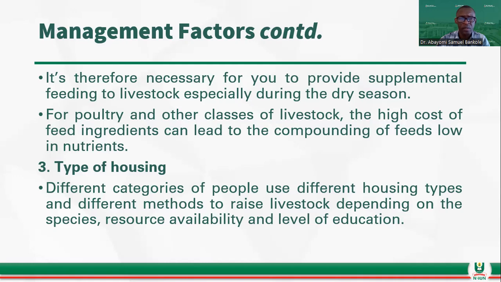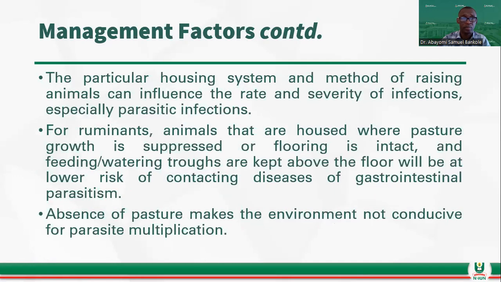Now, different categories of farmers use different housing types and different methods to raise livestock depending on the species or the resources available, as well as the level of education.